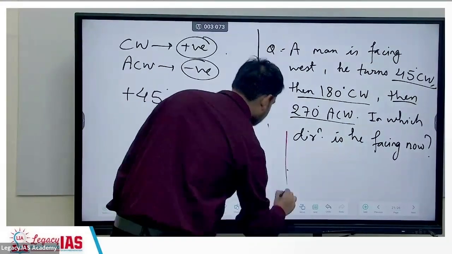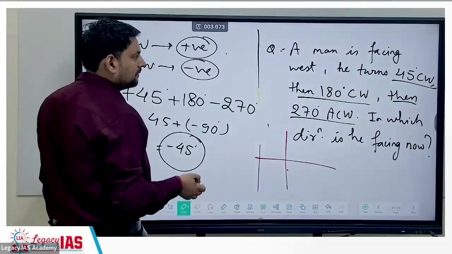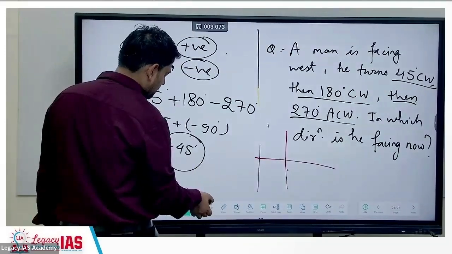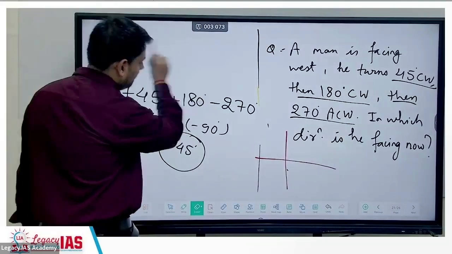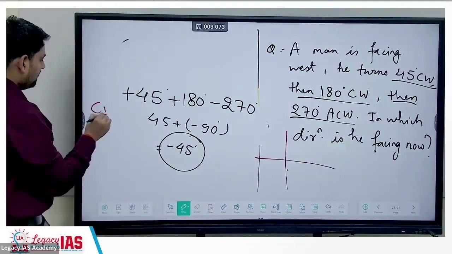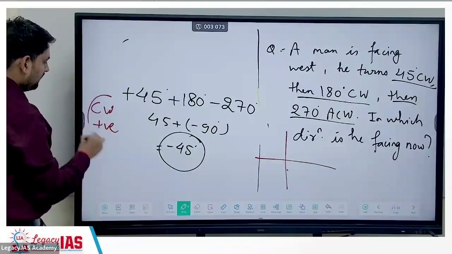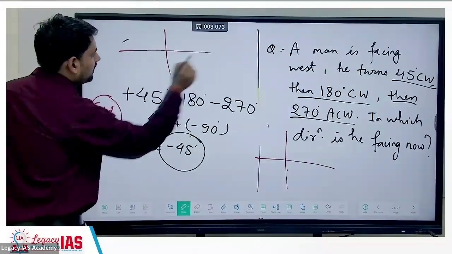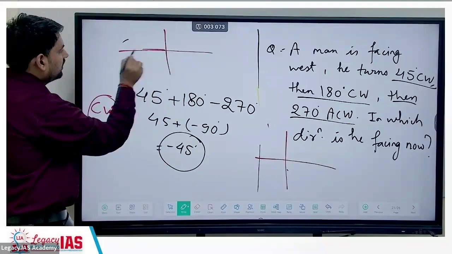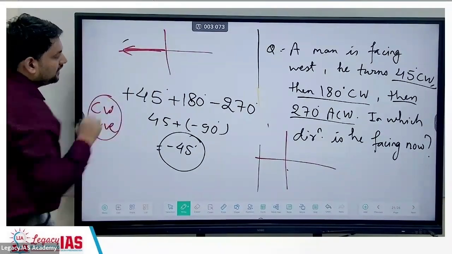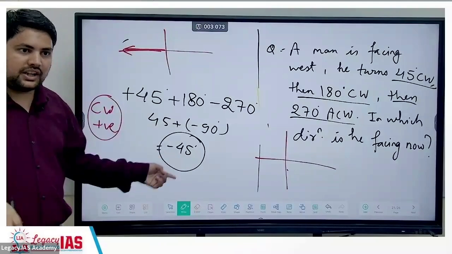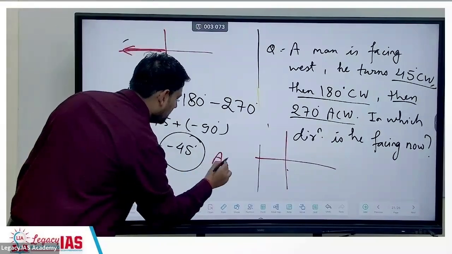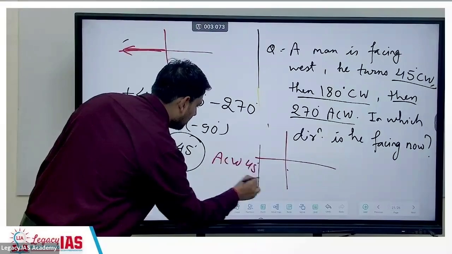Let me draw it here so you can see. We have taken clockwise as positive. Now, see here. The person was facing west. Now, what is the eventual result? Minus 45 degree. That is anti-clockwise 45 degree.